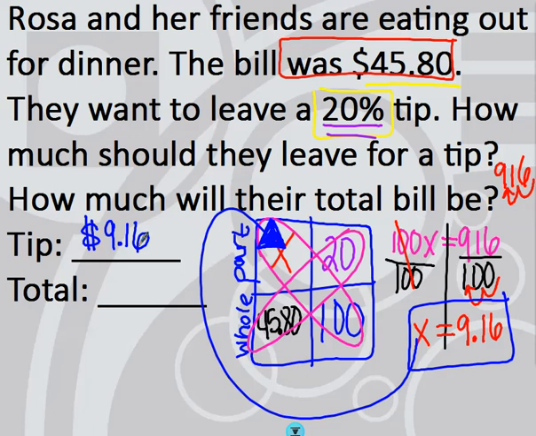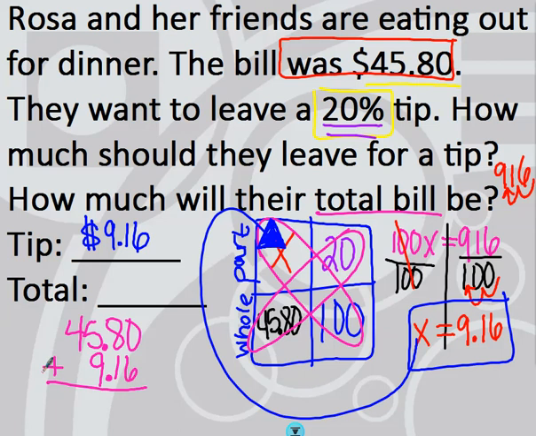And now the last question says, how much will their total bill be? So total bill means you're going to take the $45.80 and you're going to add the $9.16. A tip is an amount that you pay on top of your bill, just as a thank you to your waiter or waitress.